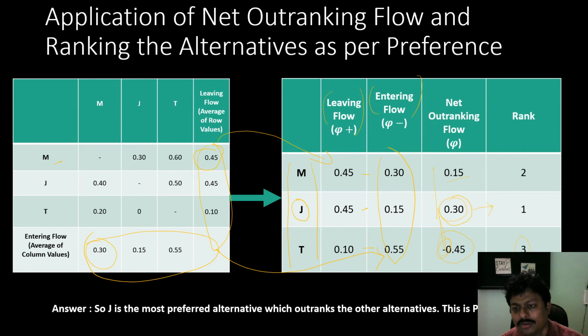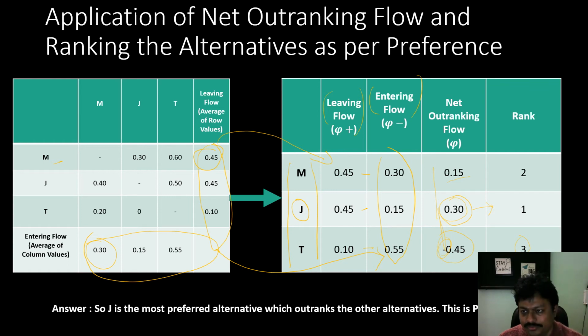So any negative number cannot outrank any positive number, even if the magnitude of that negative number is more than the positive number. So this is the way we select the best alternative in case of PROMETHEE II.